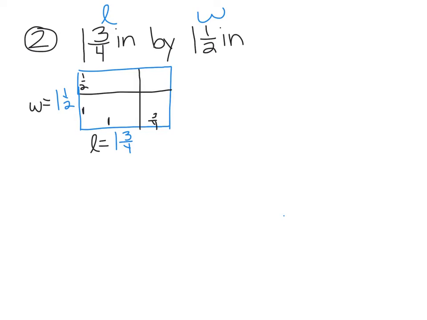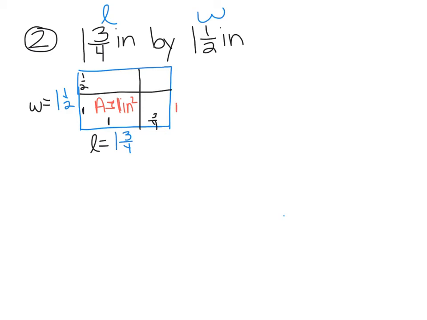So I'm going to start with the easy one. So 1 times 1, width times length, length times width. Well, the A is equal to 1, because 1 times 1 is 1, and this is inches squared. So now I'm going to do 3/4 times 1, because I know that this is also 1.